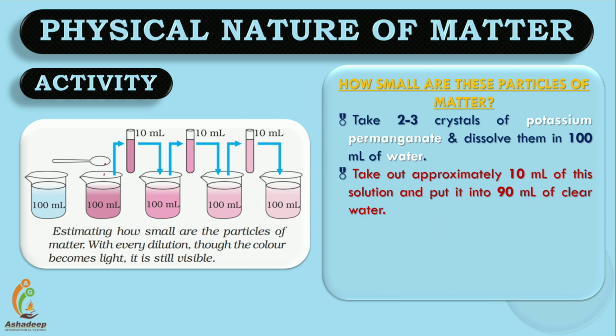Now you have to take a new beaker, that is this one, another beaker. Take 10 ml from this and fill it with this water in the test tube, only 10 ml. And this 10 ml you have to put inside the new beaker of water.